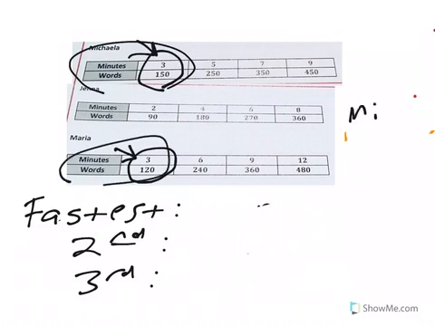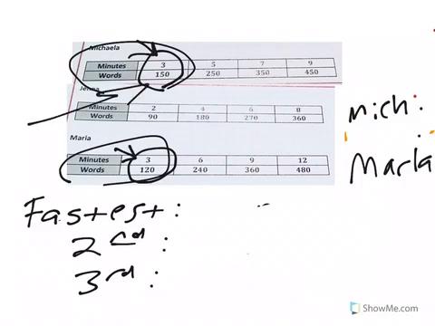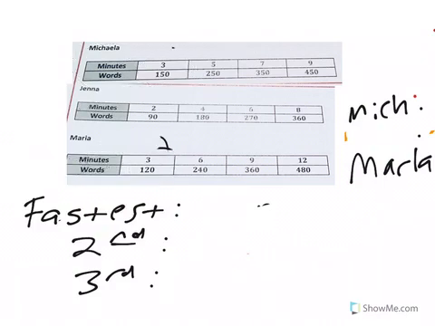So, off to the side, I'm just going to abbreviate, but Michaela, I know, is faster than Maria, because in 3 minutes she's going to type 30 more words than Maria would type in the same 3 minutes. So now I know that Michaela is faster than Maria. Now, assuming we hadn't just done this problem, what I don't know is where Jenna fits in.